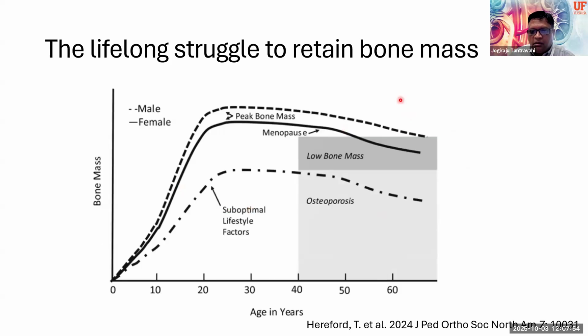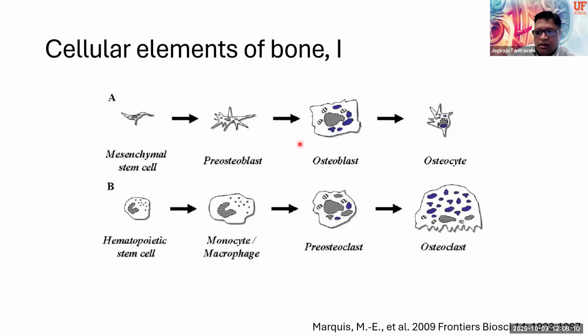Much of the bone biology, bone medicine world has focused itself on trying to retain as much bone mass as possible, particularly in women who have an accelerated loss of bone mass due to estrogen deficiency, and I'll discuss why that's important.